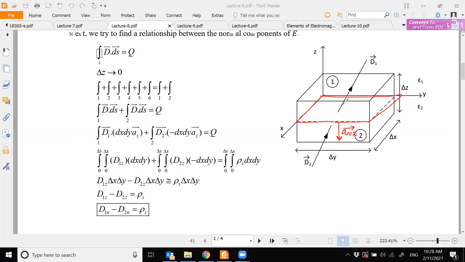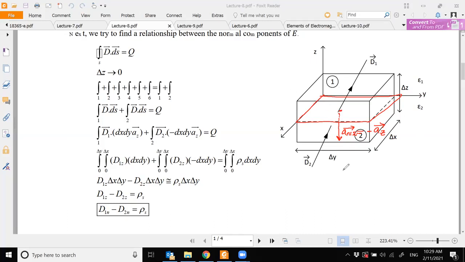Okay, actually, it's a surface. So if I see from here, then it should be this one, an12, pointing from region 1 to region 2. So pointing downwards. Now for our problem statement, this an12 unit vector is nothing but minus az, because this is az.